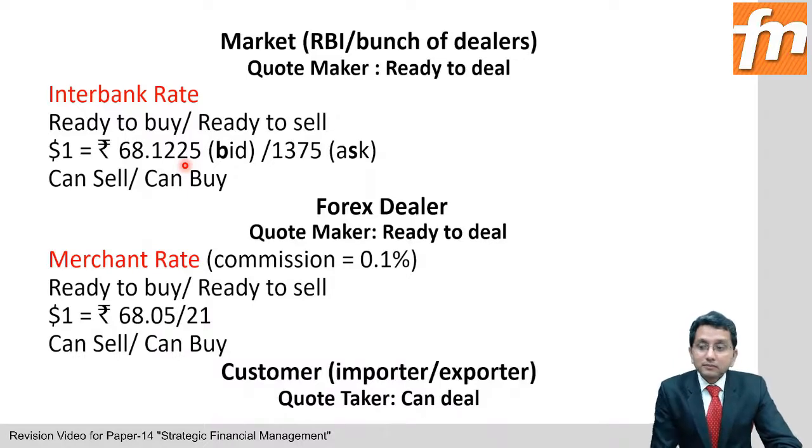Now, dealer won't say the same thing to the customer. It will say, okay, bring in your dollars, we'll buy it at 5 paisa. So now he'll buy at 5 paisa and market will buy from him at 12 paisa. And again, roughly, he'll make a commission of 7 paisa per dollar. This is how it works.